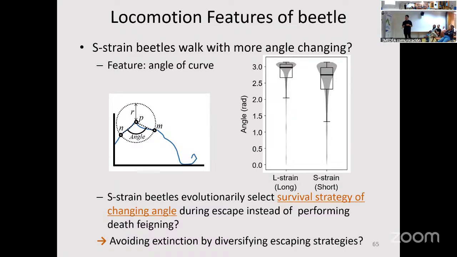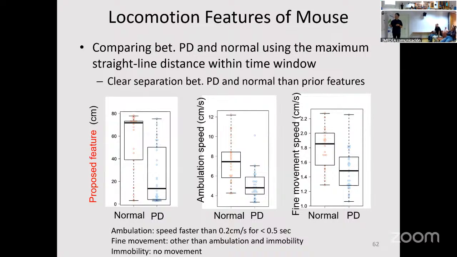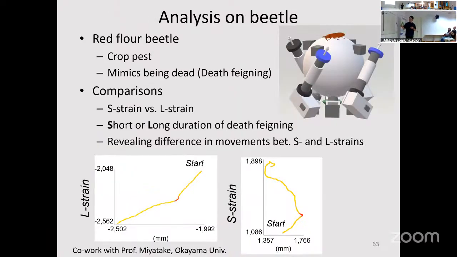This kind of strategy can avoid extinction by diversifying the escaping strategies. So by just feeding data into the model, it outputs an important segment to deeply analyze.